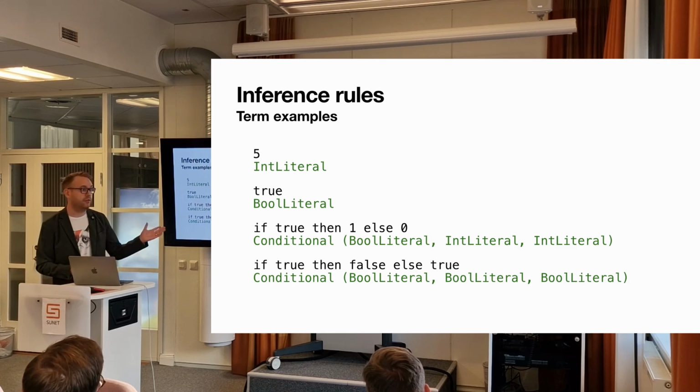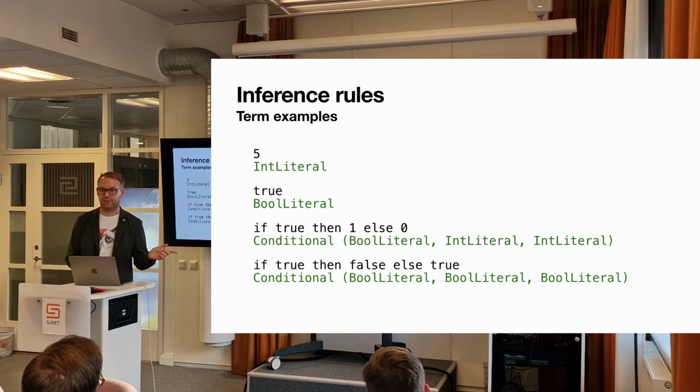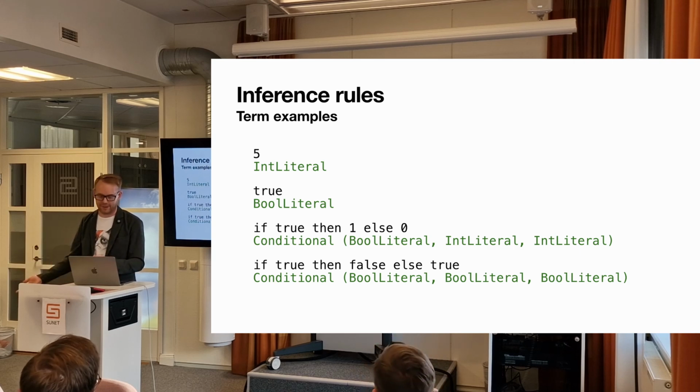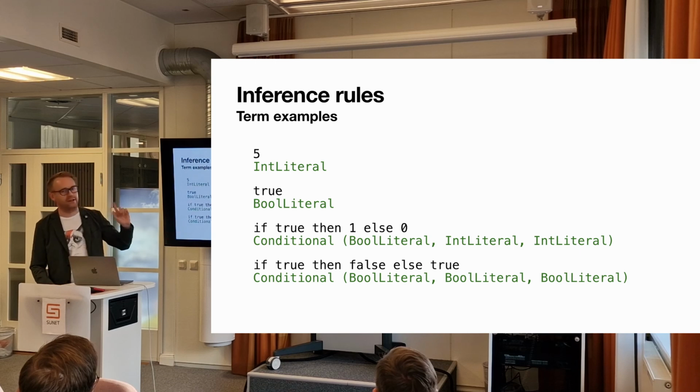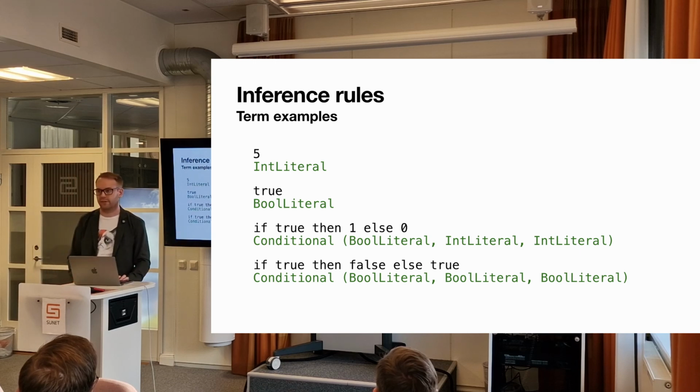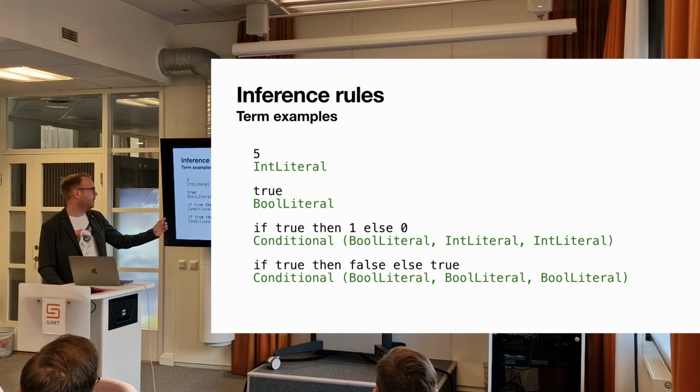You're probably familiar with this form already. If the condition is true, then you get back the first body. If it's false, you get back the second, etc. And finally, we have another example of a conditional expression. The important part here is what kind of terms this will result in.